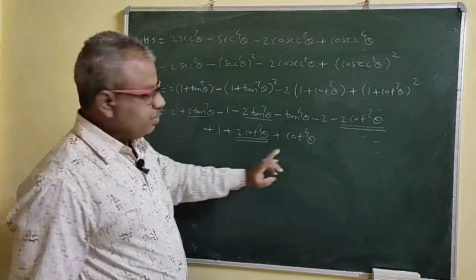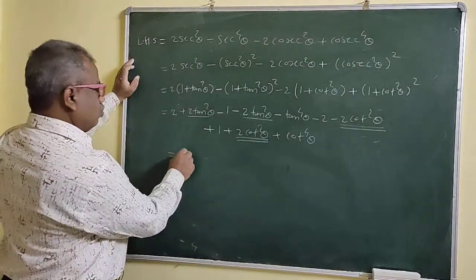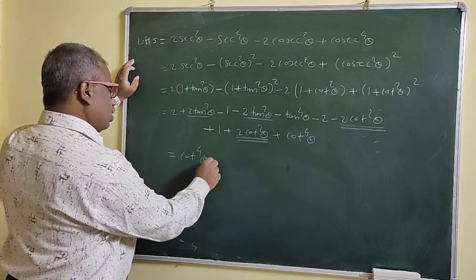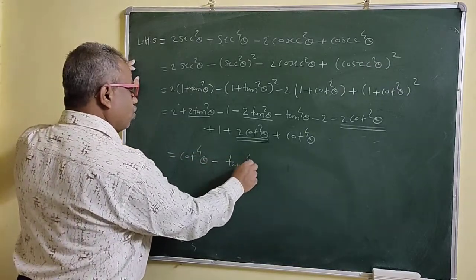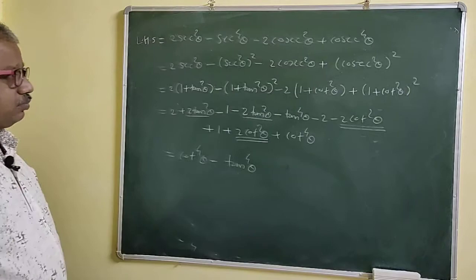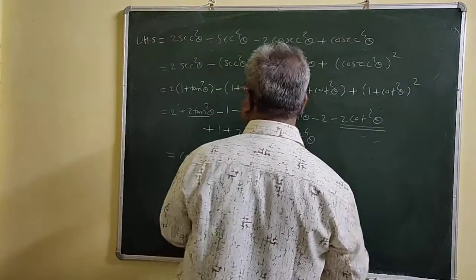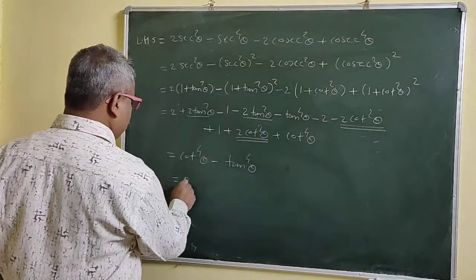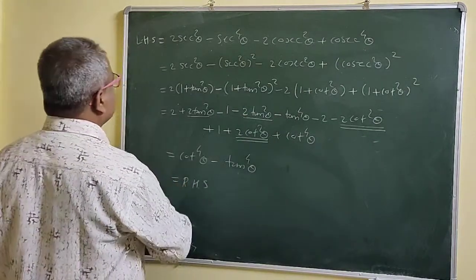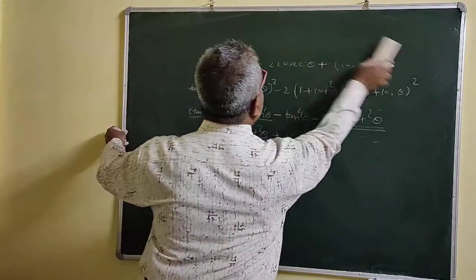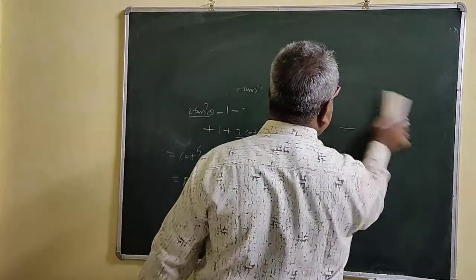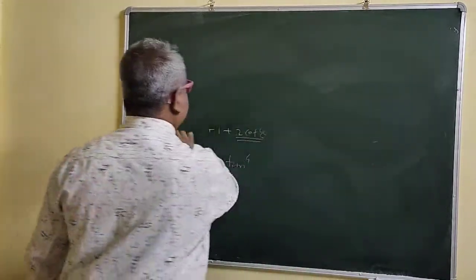So this is cot to the power 4 theta minus tan to the power 4 theta, right? So we get the required solution. This is your RHS. So we are through. Independently you have to solve this.